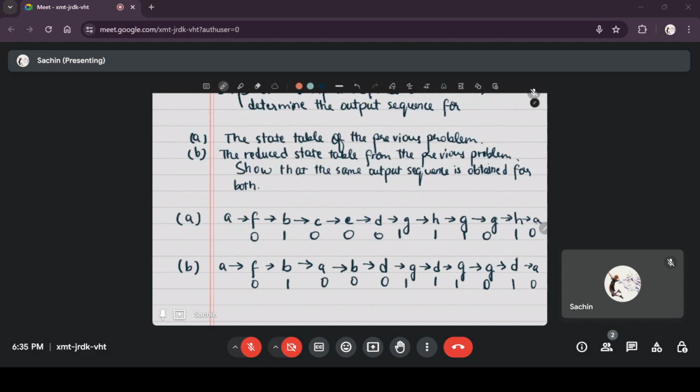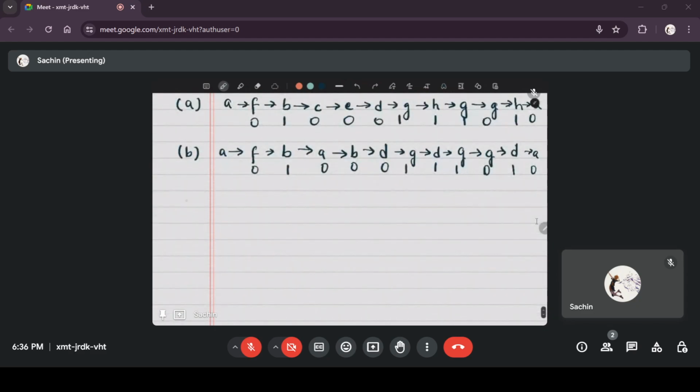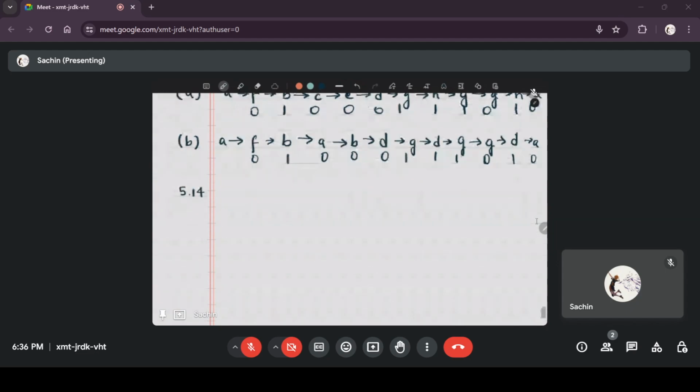So from P, here you go to C, but here you go to A, but C and A are equivalent states. And from C you go to E, here you go to B, but those two are equivalent states, E and B. So you are actually going either to the same states or to equivalent states. That's problem 5.13. We'll go to problem 5.14.